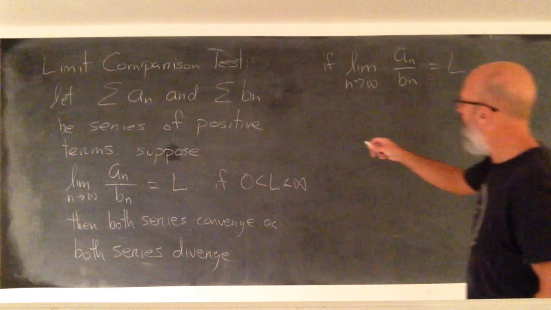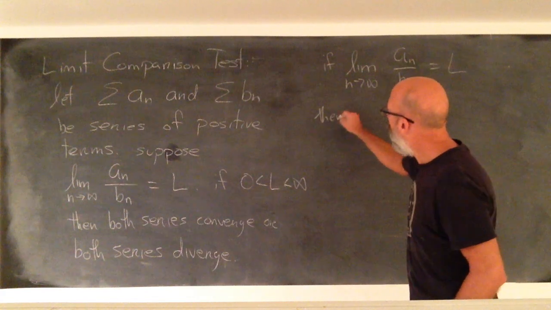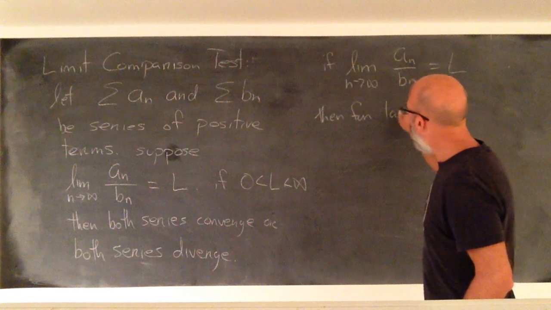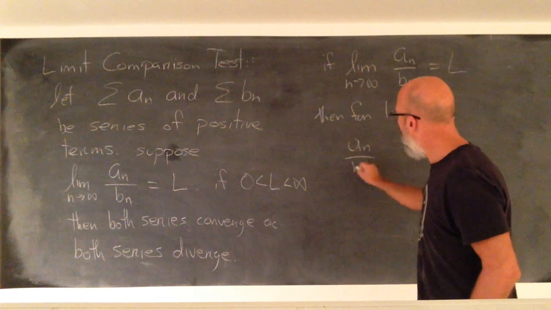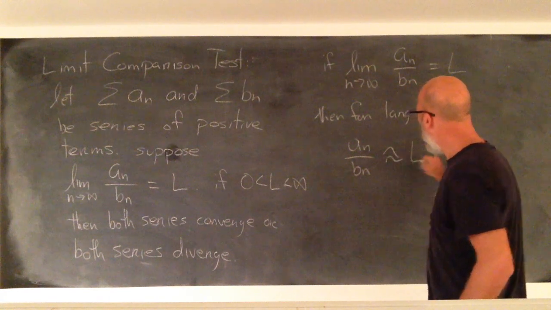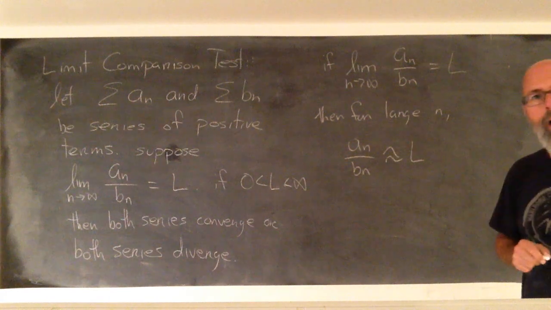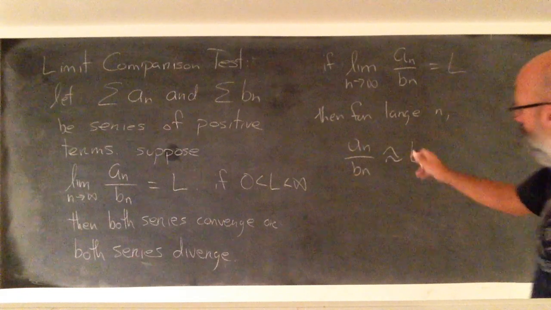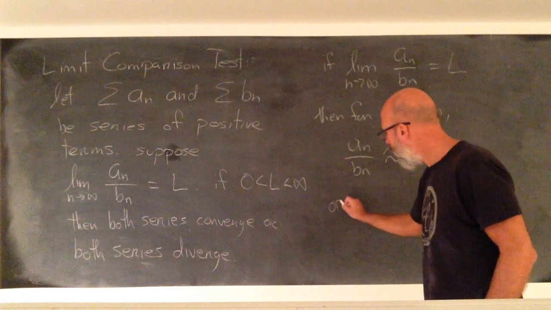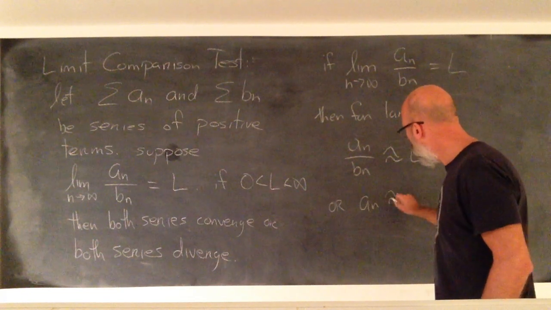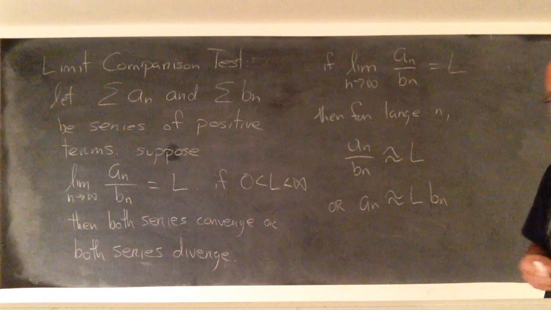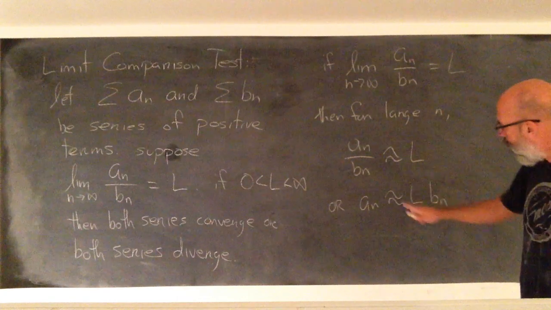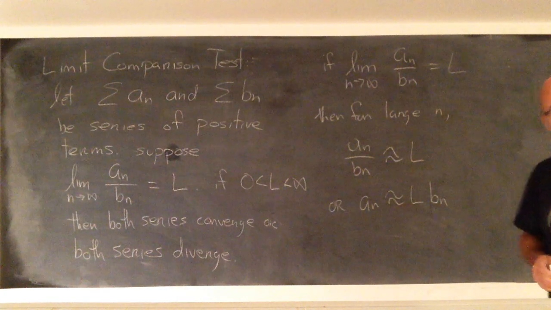That means that for large n, a_n over b_n is very close to L. Or, if you prefer, a_n kind of looks like L times b_n.